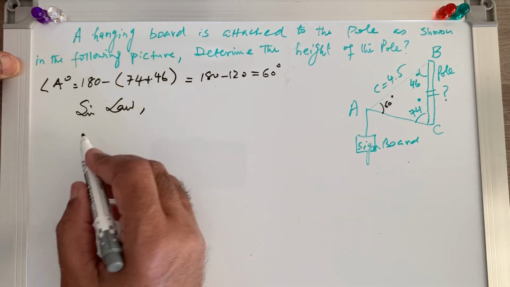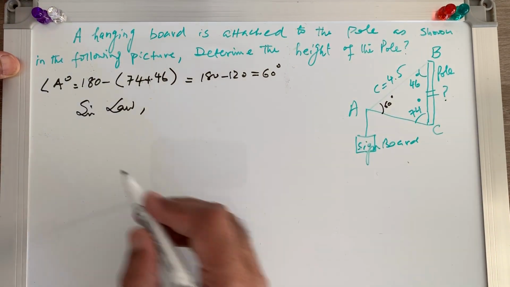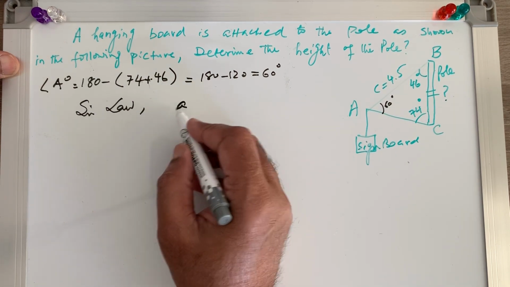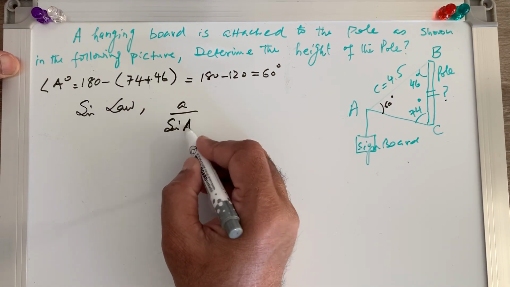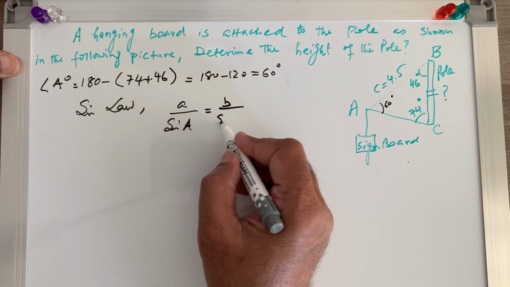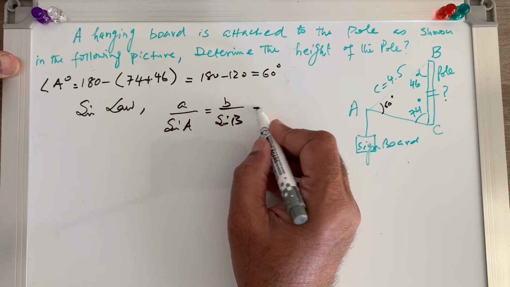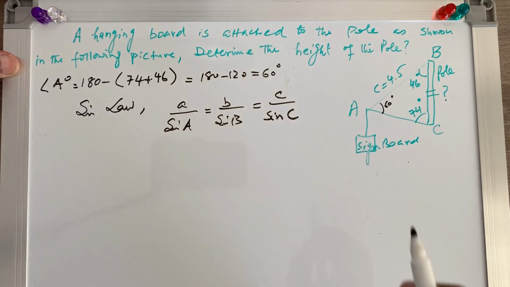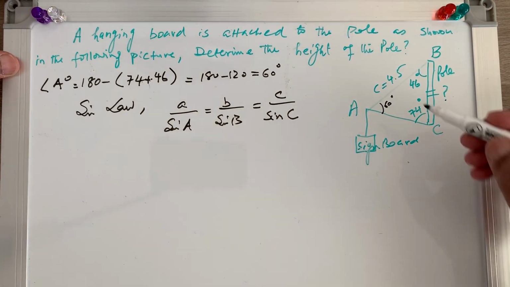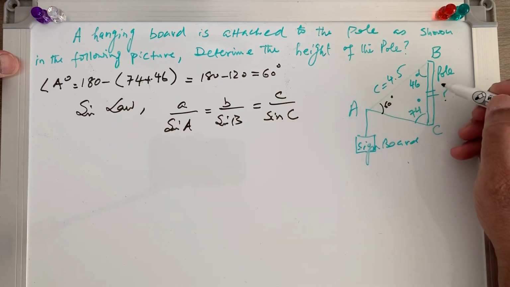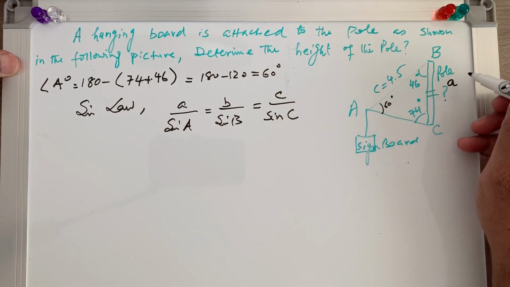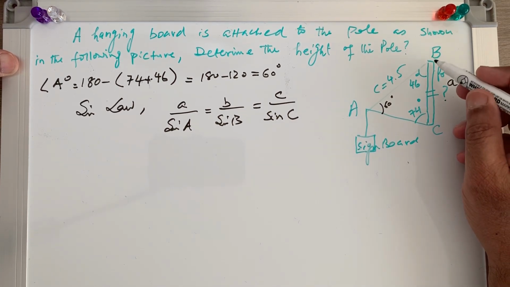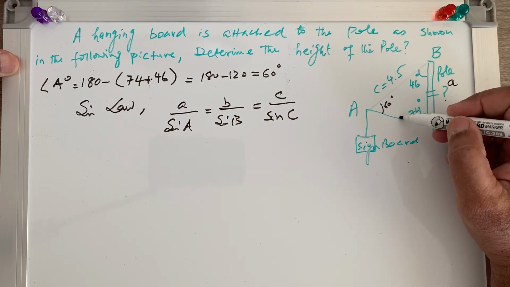Now this example is for sine law, and sine law is a over sine A equals b over sine B equals c over sine C. And remember that for angle A, the opposite side is marked as small a. All dimensions of the triangle are small alphabets against the capital alphabets on the opposite angle.